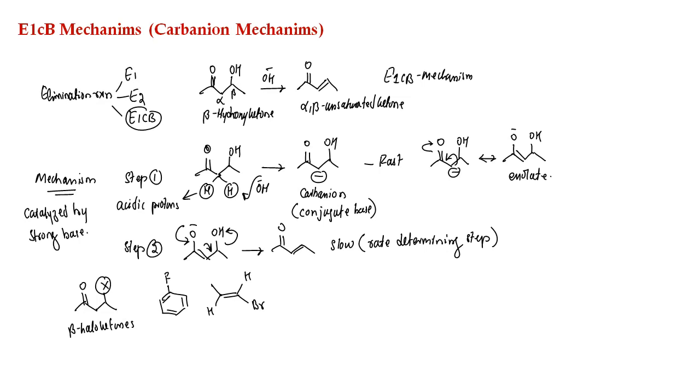For example, here in this case we get a carbanion like this in the presence of a base, and it is stabilized by the leaving group, which is halogen in this case. Here we have a proton that can be abstracted by a base, and we get a new intermediate which is known as benzyne.